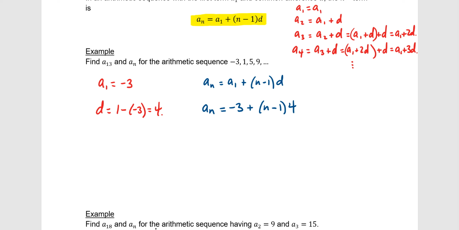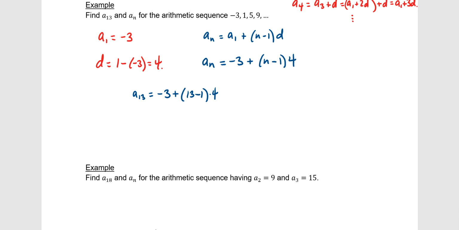And we're going to simplify that in just a second. Let's go ahead and find a sub 13. A sub 13, we plug in a 13 into all of the n's. We get 13 minus 1 times 4 for this term over here.